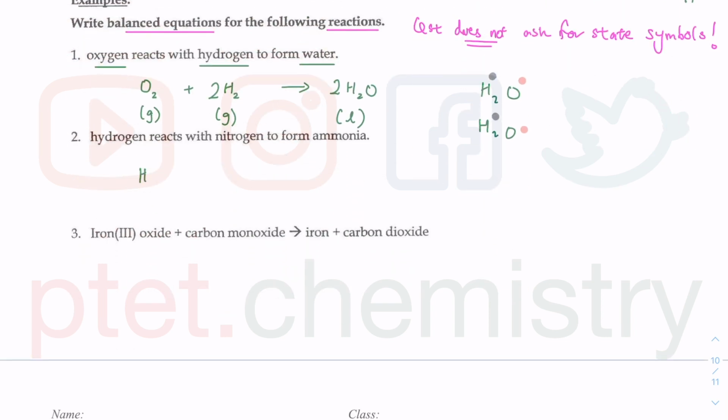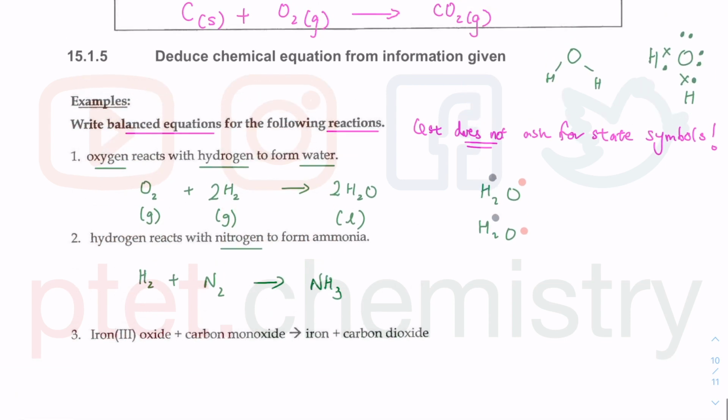So you have hydrogen plus nitrogen. As you know, nitrogen is another diatomic molecule, 2 atoms bonded together. Ammonia is NH3, just like H2O and CO2. NH3 is another case study that you have got to know how to draw.